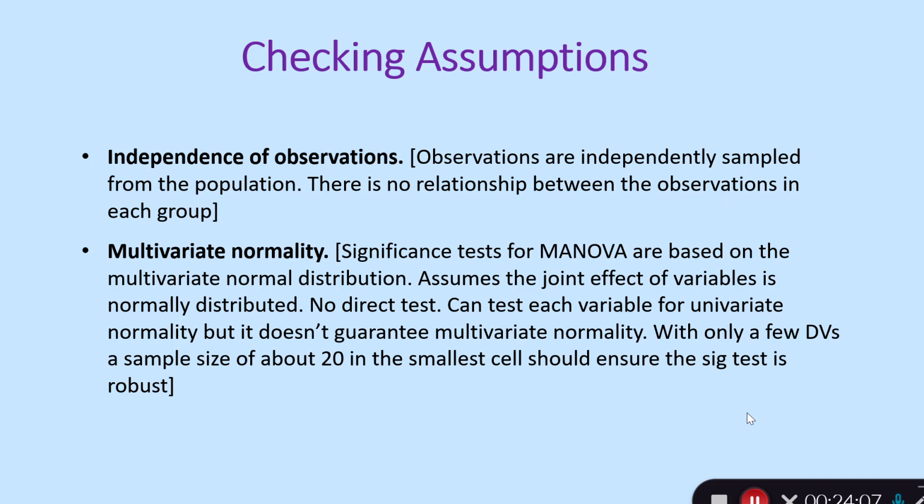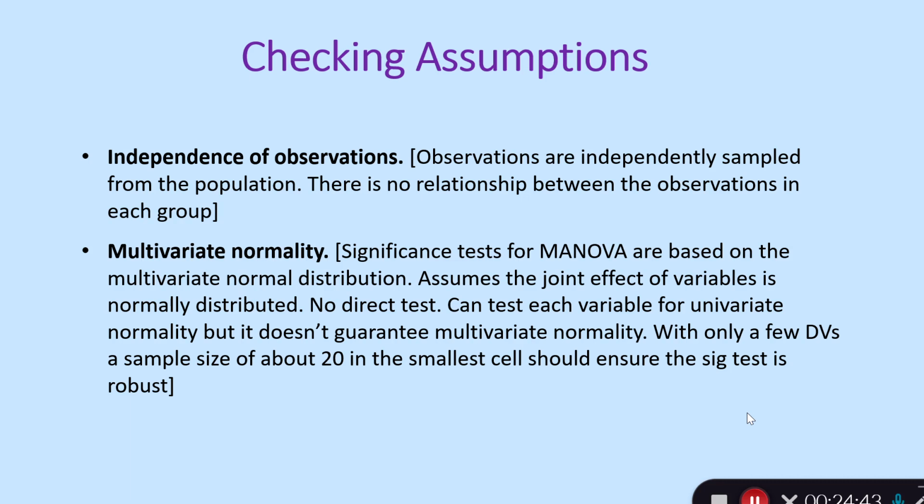So as a rule of thumb, from Tabachnick and Fidell, I think: if you've only got a few DVs and a sample size large enough that the smallest cell has at least 20 participants in it, this should be enough to ensure the significance test is robust, and we can meet the assumption of multivariate normality.